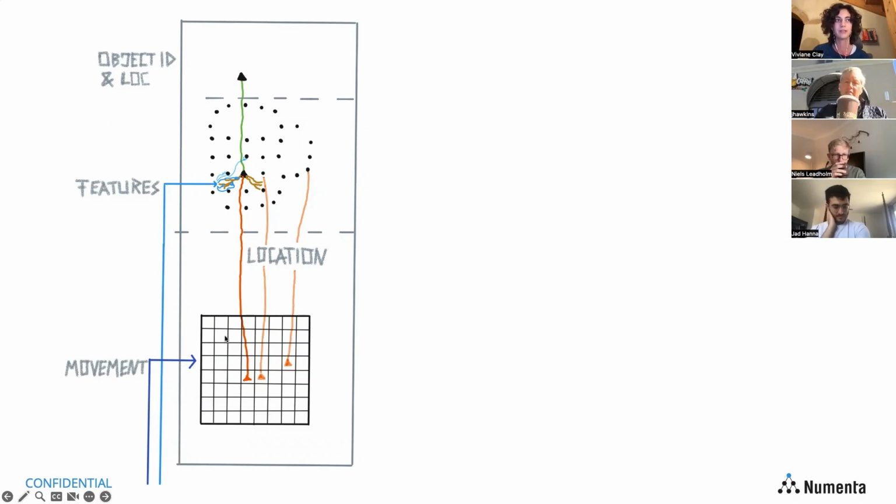The movement gets applied to different possible locations in the object's reference frame that we might be in. The neurons that represent those locations in the object reference frame project upwards to neurons up here, which for one get this location input, a very strong driver for the activity of this neuron.